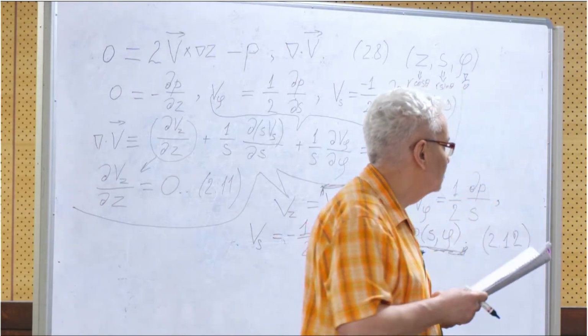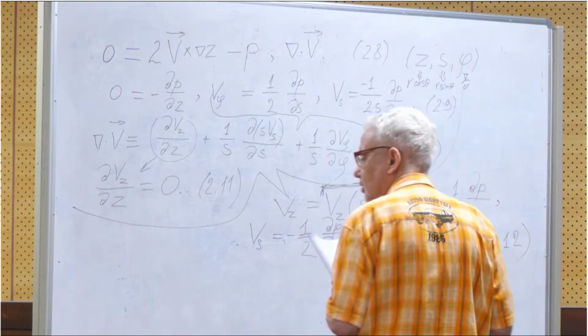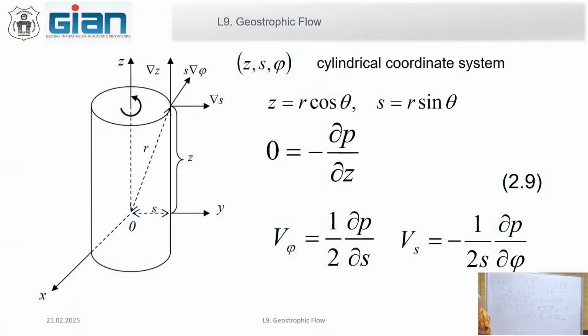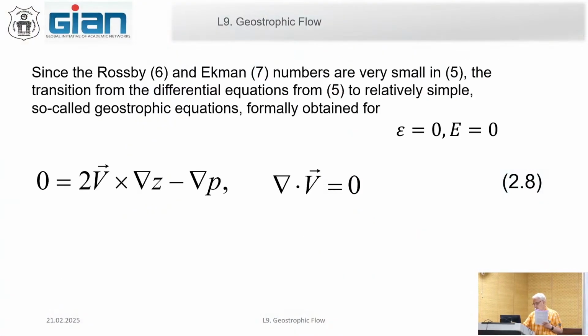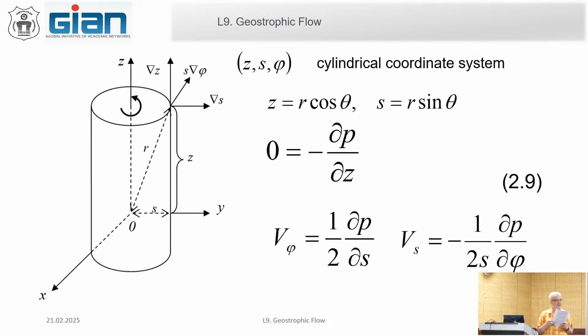But there is almost no doubt that if we consider the velocity flow, it cannot penetrate the outer boundary. So if we have the outer boundary, it cannot penetrate it.